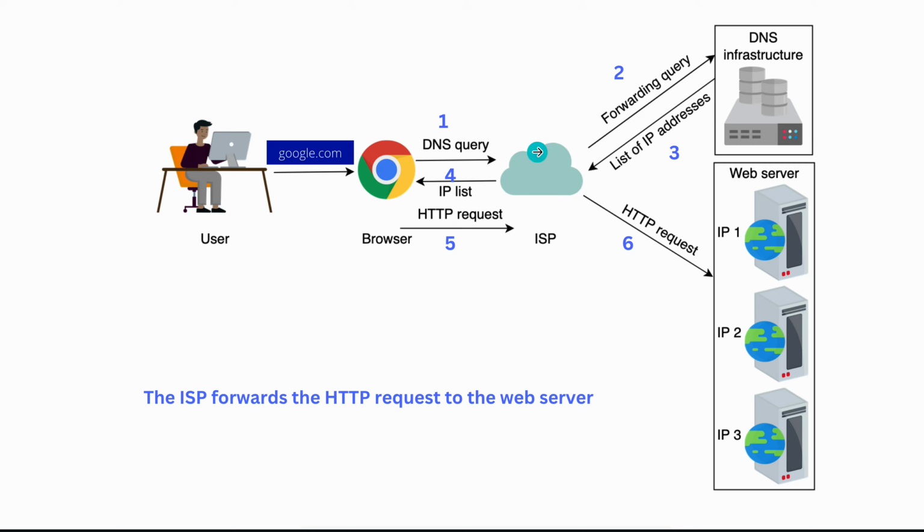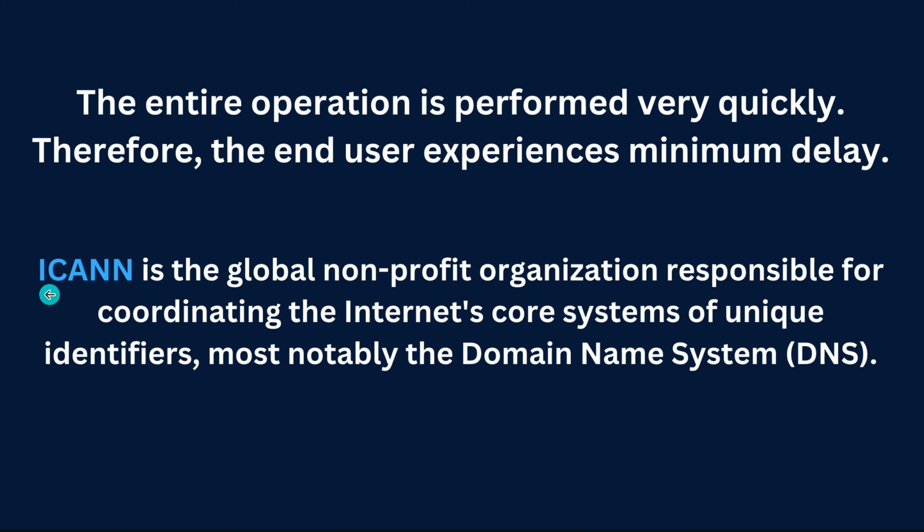Suppose that there is a website and I am using a different ISP in different countries, right? But those tables are temporary. Always it's coming from the DNS infrastructure. So this is the difference. This is the master table, you can say, and this is handled by ICANN.